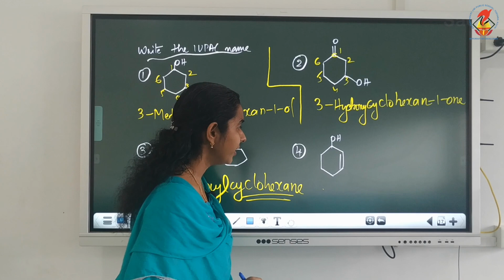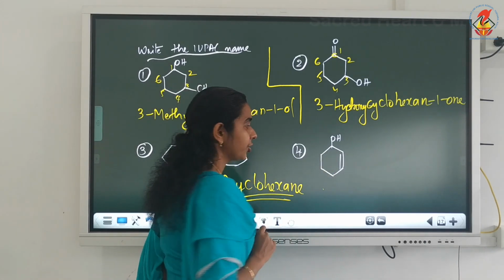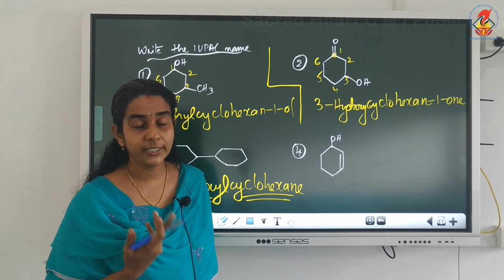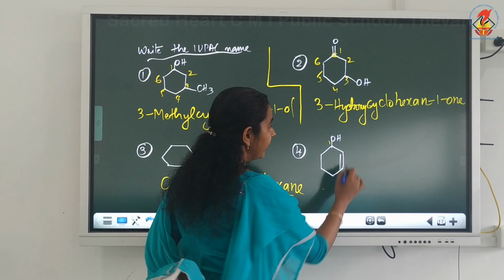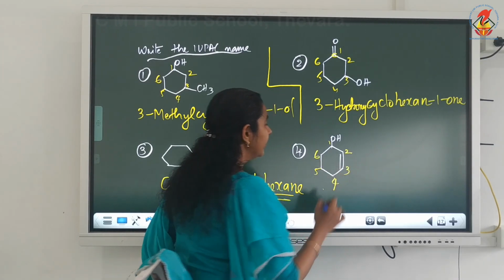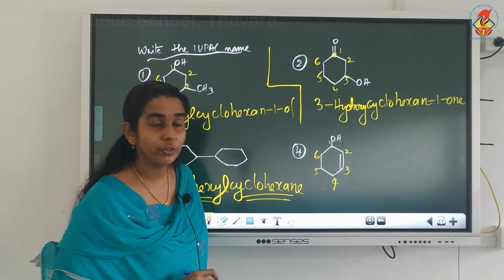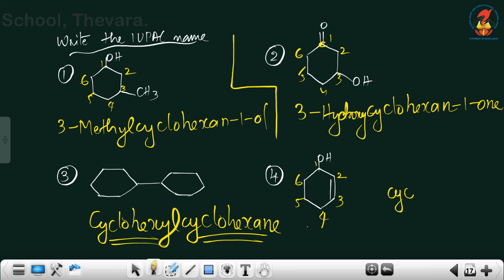Here in this ring it is a cyclohexane ring with a double bond and OH. If you compare the priority, OH has the highest priority. Only if we go in the clockwise direction, the double bond also will get the lowest possible number. So the parent is cyclo, how many carbon ring? Hex.